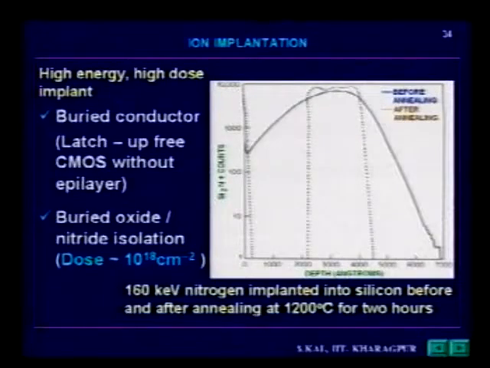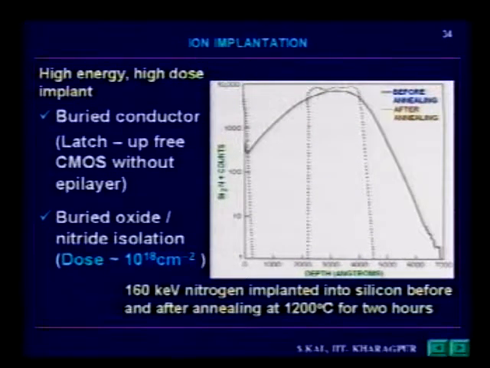The Rp is dependent on the energy of implantation. So by changing the energy, we can have this buried layer inside the bulk crystal, and if it is a dielectric, it will provide insulation between the top layer and the bottom layer of the semiconductor.